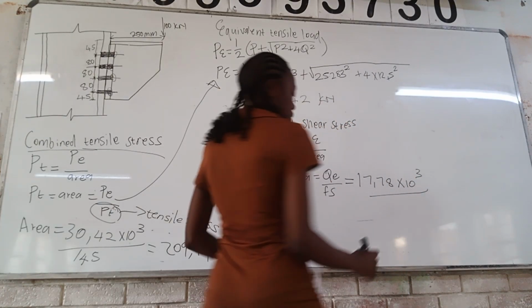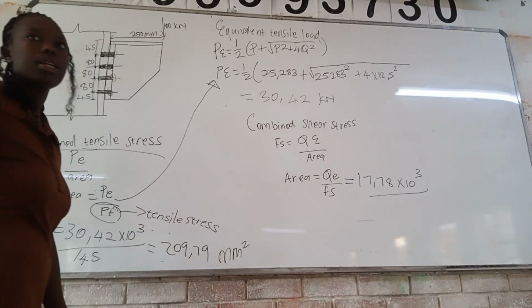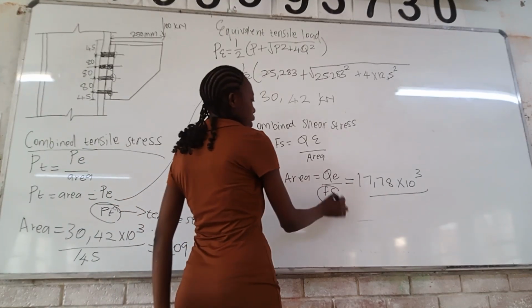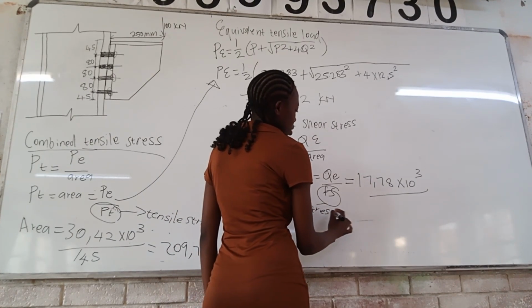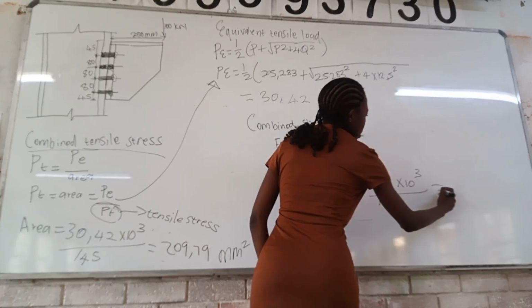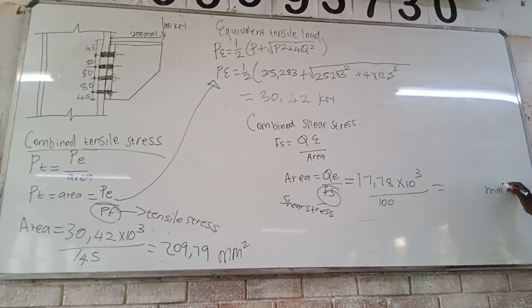What is our Fs? Fs is the shear stress, and they gave it to us: 100. So what is the final answer, in millimeters squared?